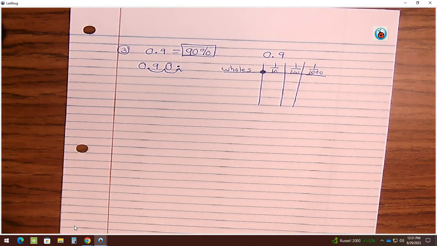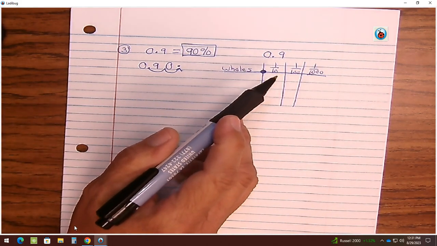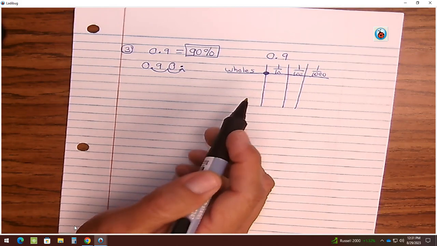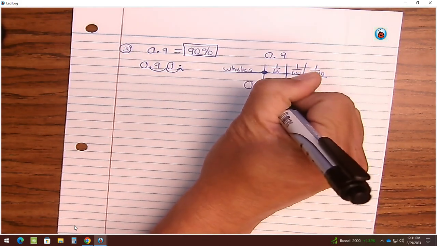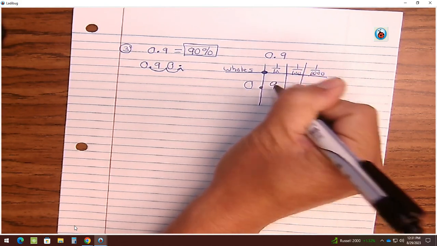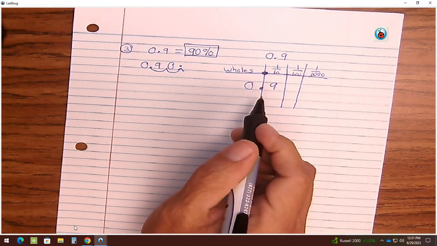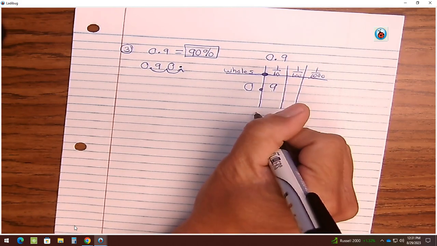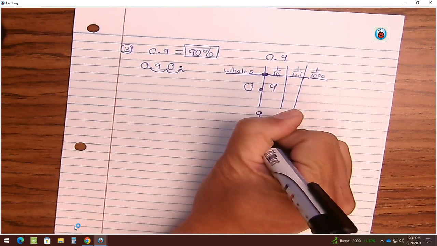Okay? So now we're going from decimal to fraction. This place value chart, the PVC, will help you change that. So I'm going to go 0.9. Here's how this works. The 9 stopped in the tenths. So I know it's going to be 9 out of 10.